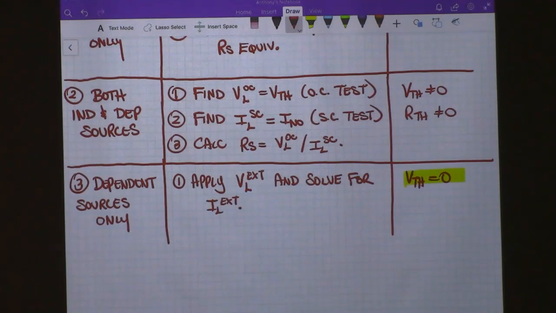That's going to require us to use some sort of nodal or mesh analysis or whatever it is that you need. And then calculate RS is equal to VL external over IL external.